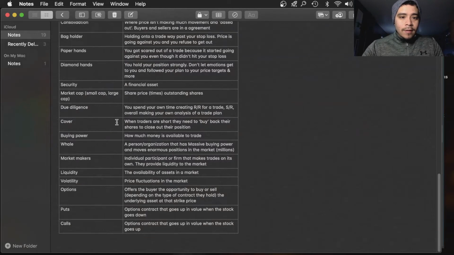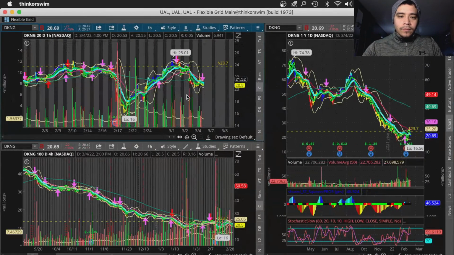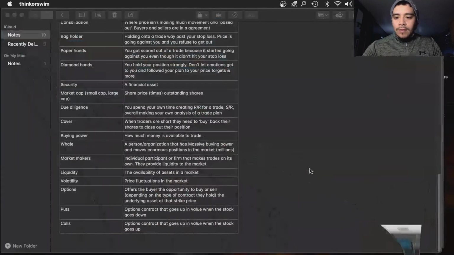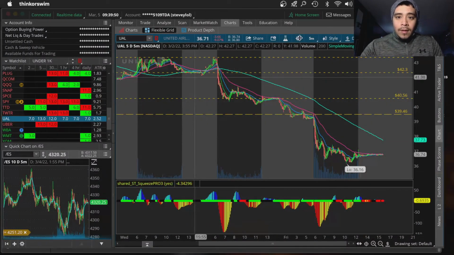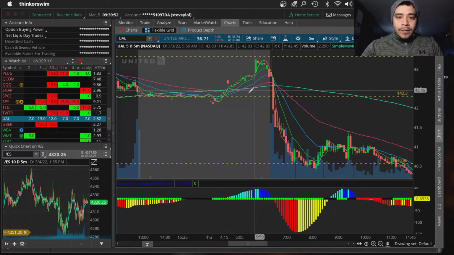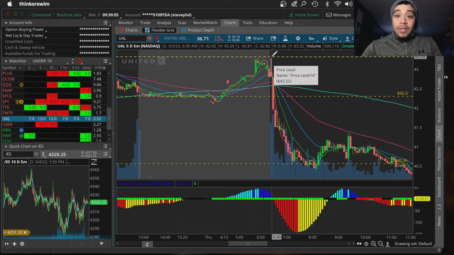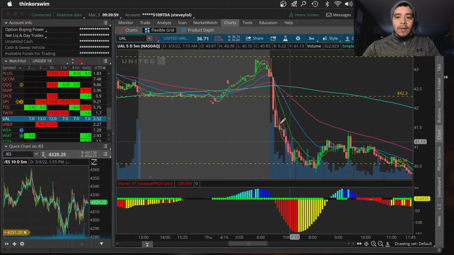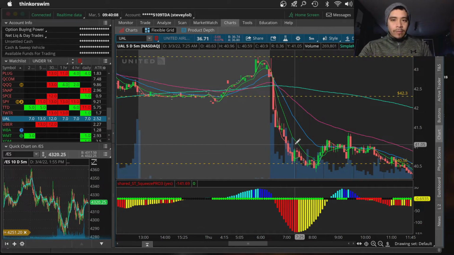Okay, cover. So when traders are short, they need to buy back their position shares to close out their position. So that goes back to being short. If you're short, like I said, you sell the shares, you borrow them, and then you buy them back at a price. So shorts need to cover their position, so they buy them back to give them back, and then they keep the profits.